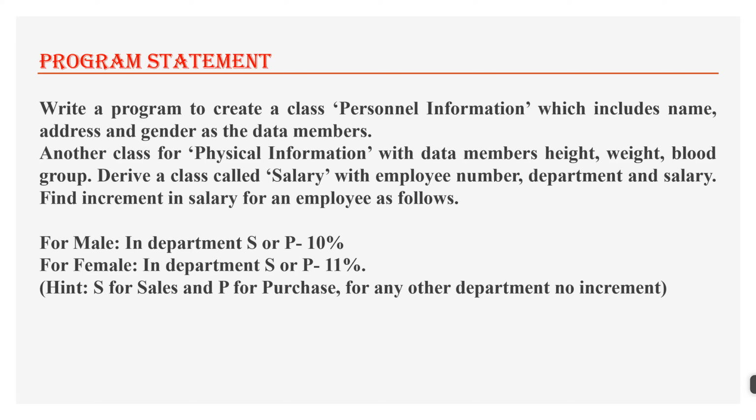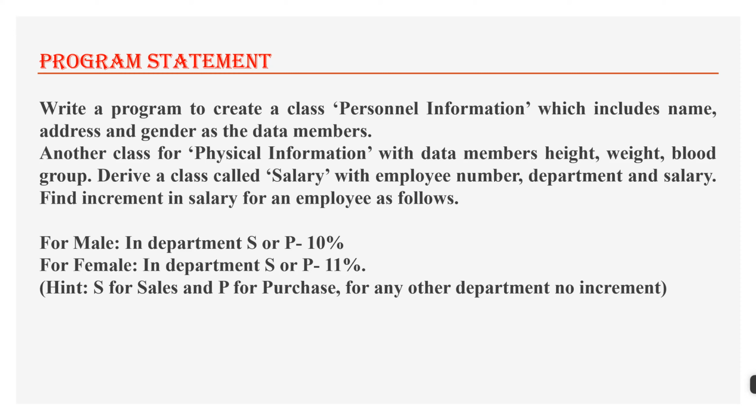Now, salary is a derived class which is inheriting the properties of both personal information as well as physical information. That is why it is called multiple inheritance. A single derived class called salary is inheriting the properties of personal information as well as physical information.